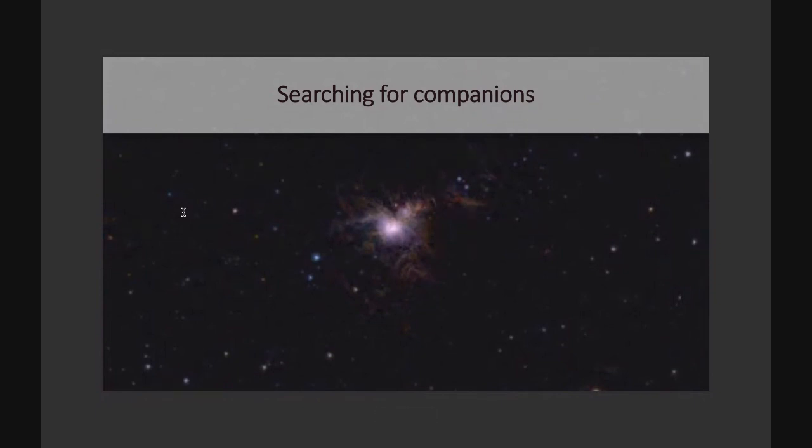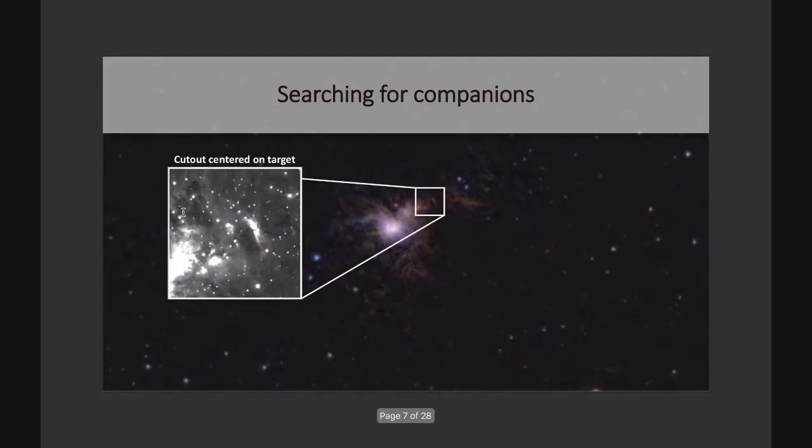So how do we estimate the multiplicity properties of Orion A? As I said, we only have image data, so there is no spectroscopy, no proper motions. So we can only look for companions that appear like companions. Of course, we do not know in the beginning if they are.